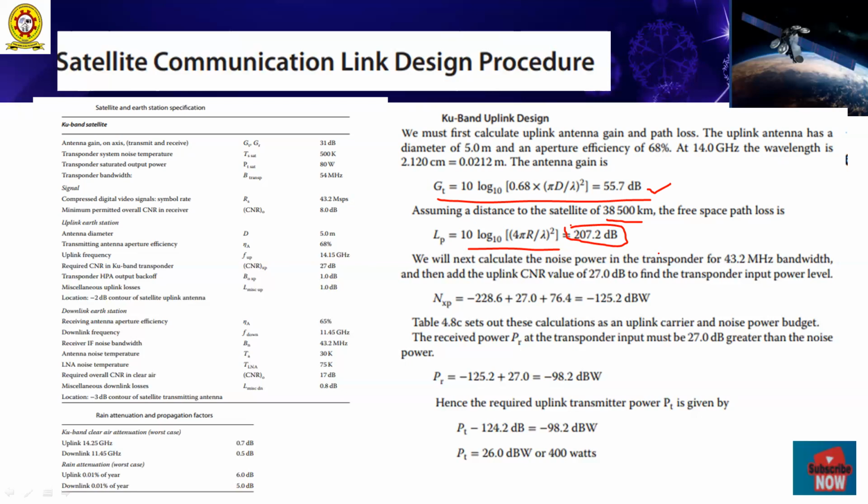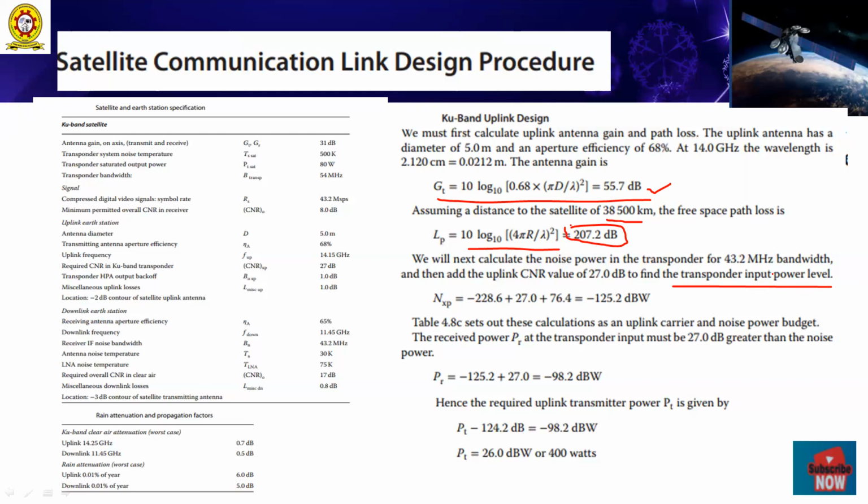From this basic to intermediate data, next we want to calculate the noise power in the transponder for 43.2 megahertz bandwidth. How to solve this? It is nothing but the next transponder input power level, NXP.